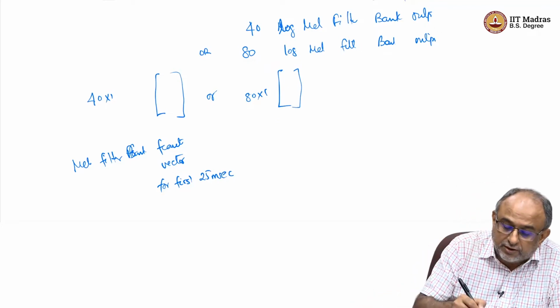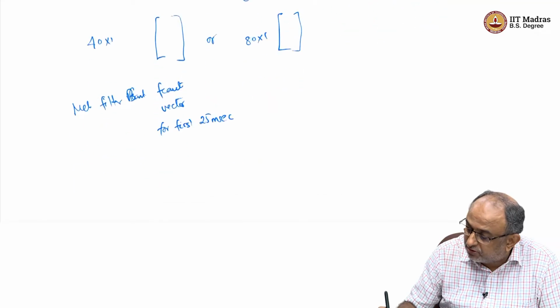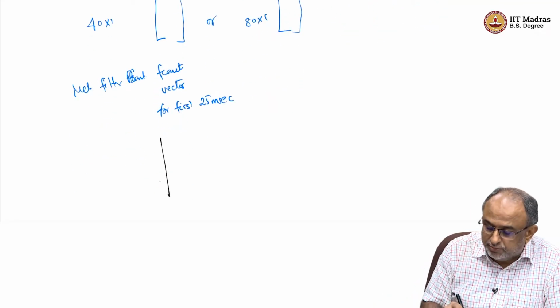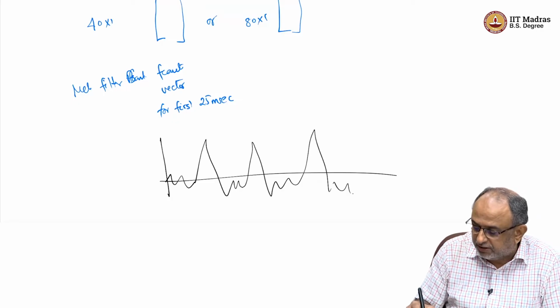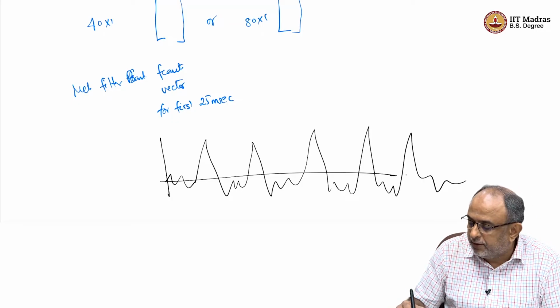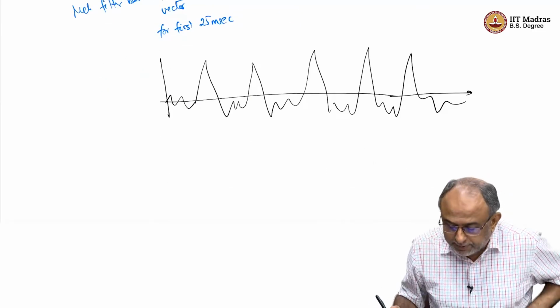So now I'll redraw that so that it becomes clear. You will get a sequence of vectors. Just to remind you, I have some speech signal, correct. And what am I going to do?